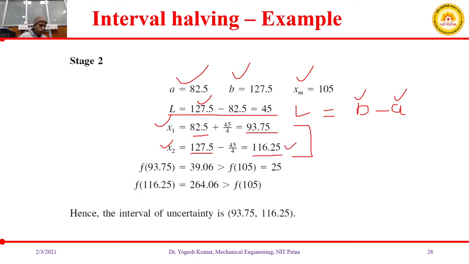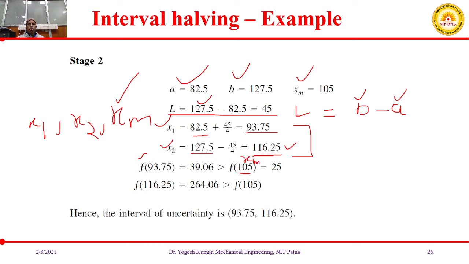Okay. So now we will again repeat the process. Calculate the value of the function at x1, x2 and xm. So xm is already known to us because xm is 105.